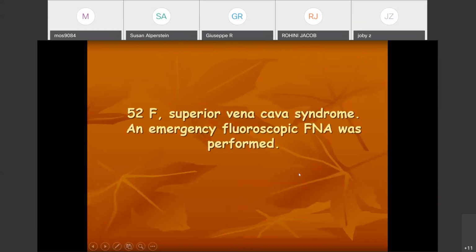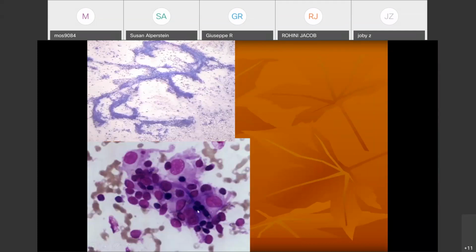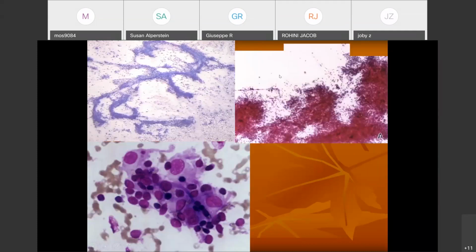Here, a Bellevue case, an emergency, because this 52-year-old woman has superior vena cava syndrome. FNA is so emergent. The FNA shows cells like this and some lymphocytes.